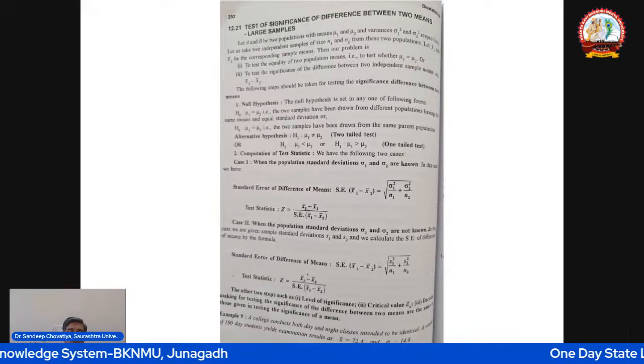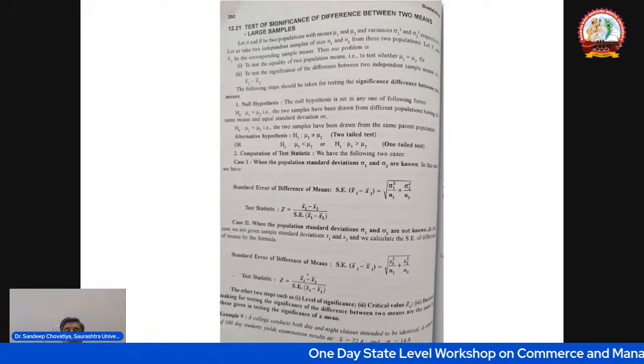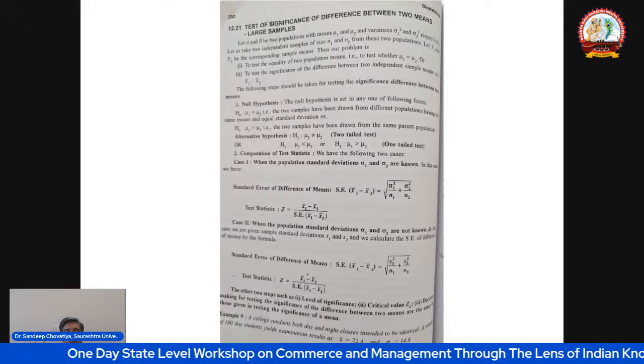Then we perform the test statistic: z is equal to sample mean 1 minus sample mean 2, divided by the standard error of both the means.